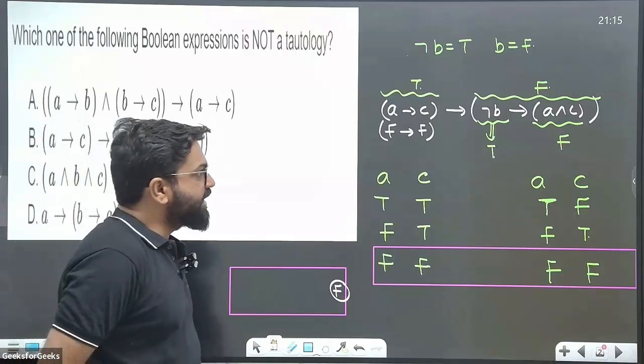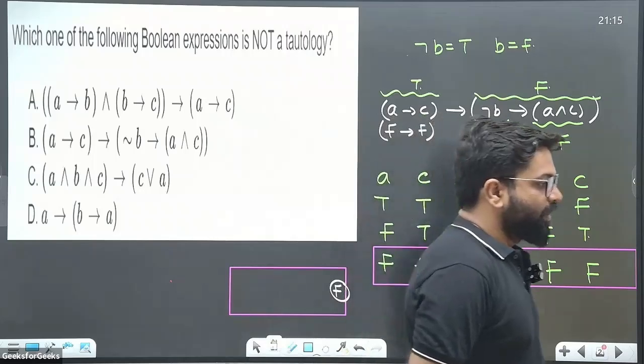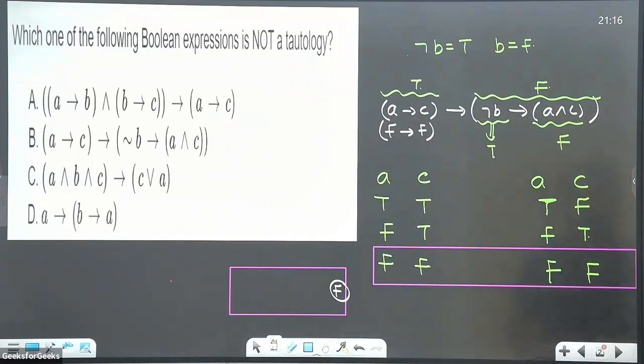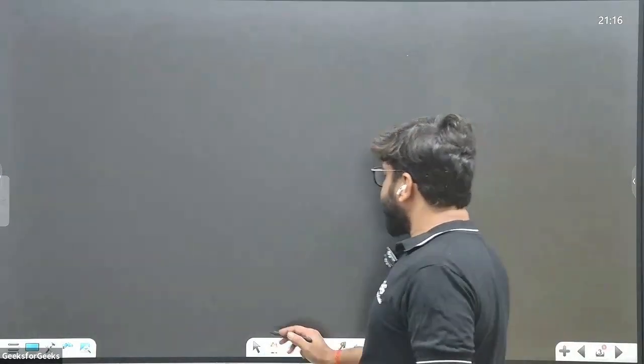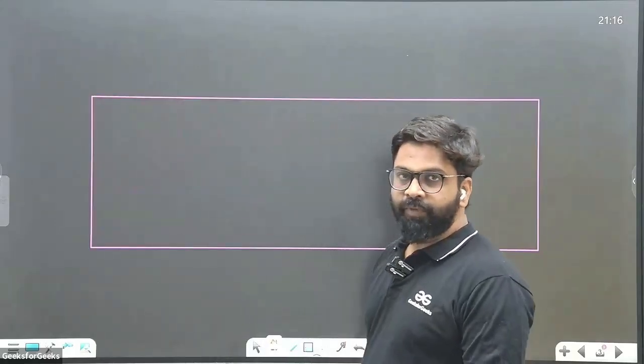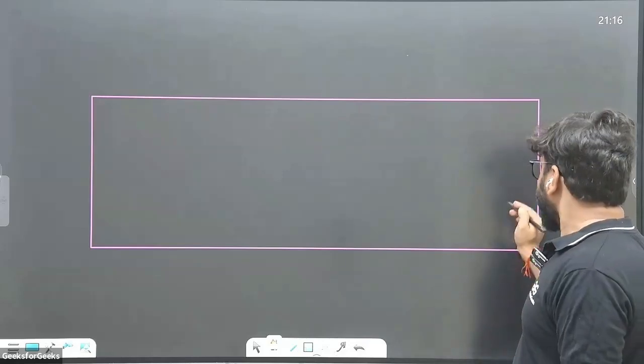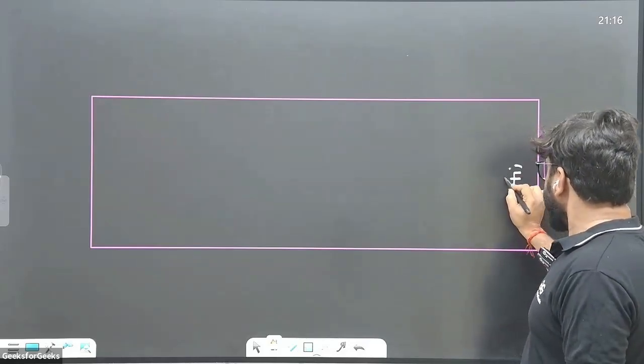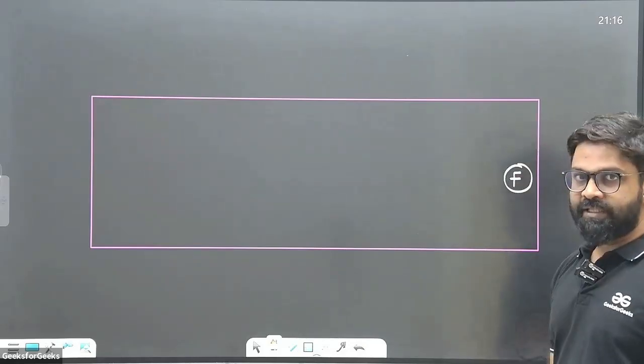Did you understand what I just explained? See, for example, let's consider that this is your truth table. And suppose you're getting the last answer as false.